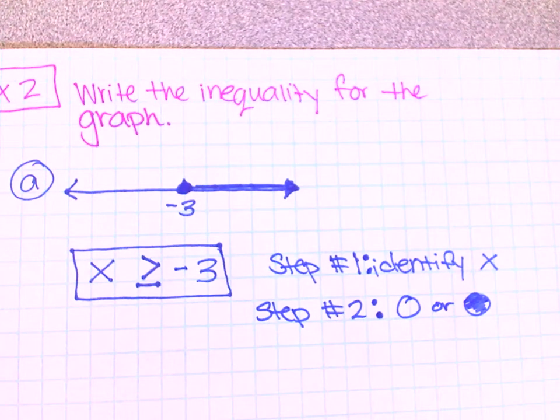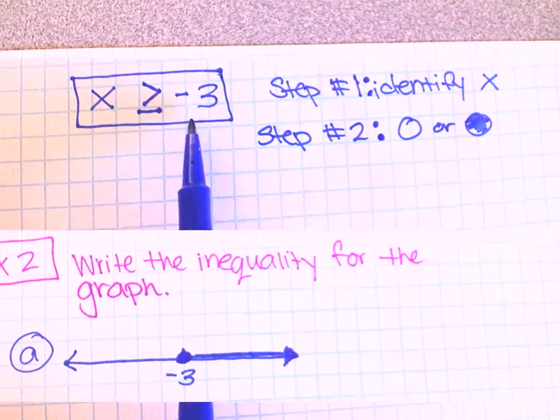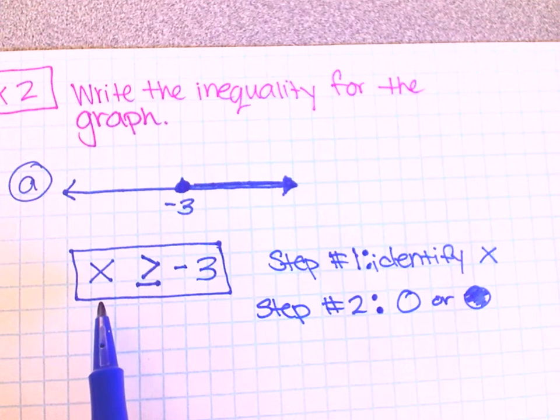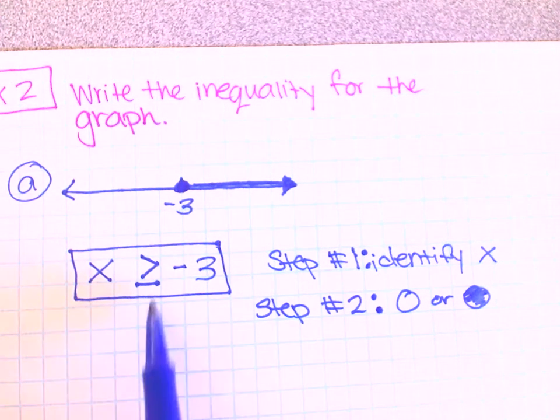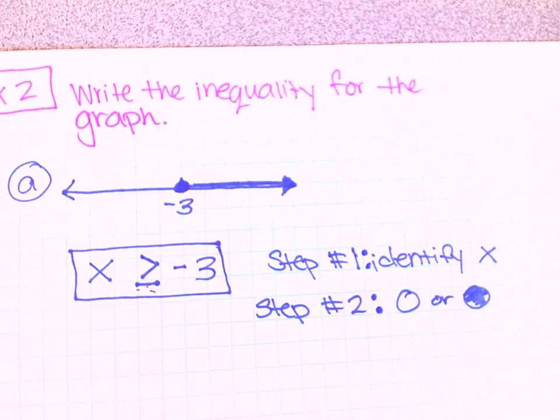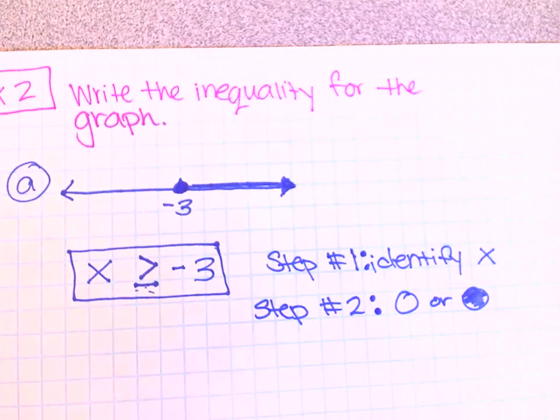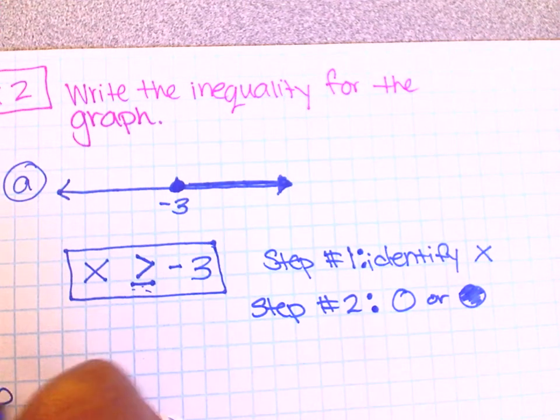And that'll tell you if it's greater than or less than or equal to. So again, looking at the graph, the number we see is -3. X is our variable. It's shaded to the right, which means it's all the numbers greater than. And if it's a closed circle, we have to put the or equal to sign there. If it's an open circle, you don't need that line underneath. Okay? Let's look at B.